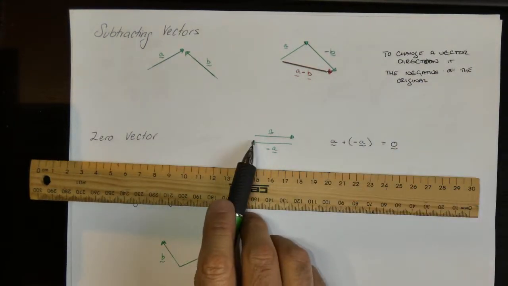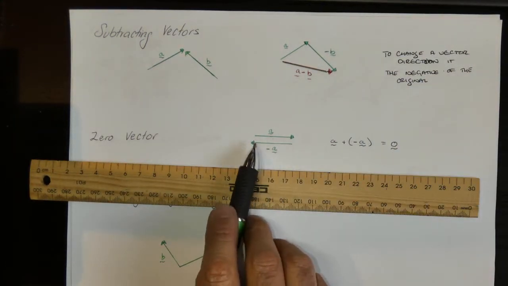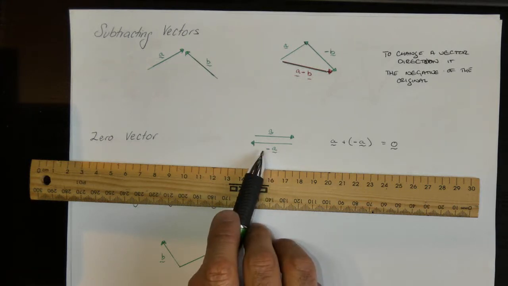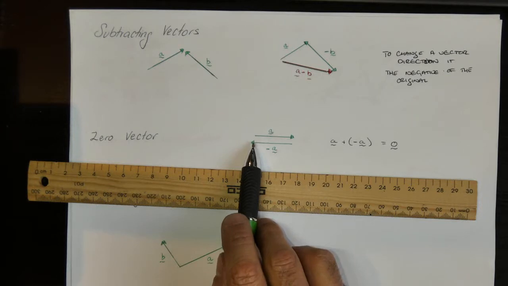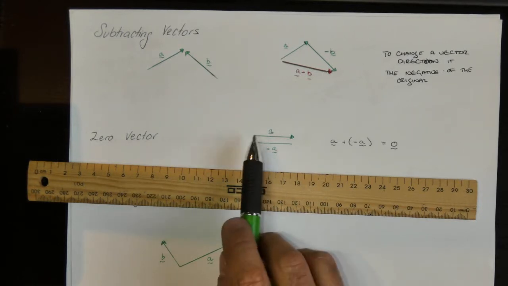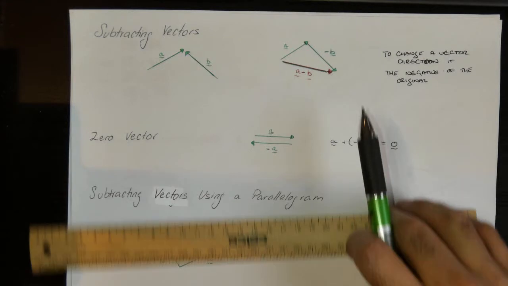So if I add those two vectors together, A minus A, what happens is I get a zero vector. I basically start at the same point that I left from, so I finish at the same point that I left from.